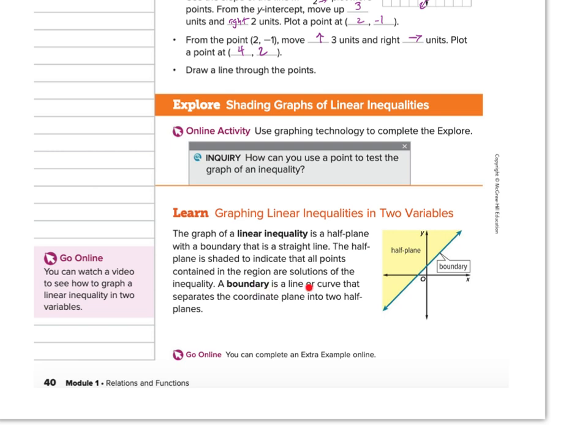And then the boundary line is a line or a curve that separates the coordinate plane into 2 halves. So you have the solution side, and then the not solution side. I will tell you that this would technically be a closed function because it's a solid line, but we'll learn more about that when we move to the next page.